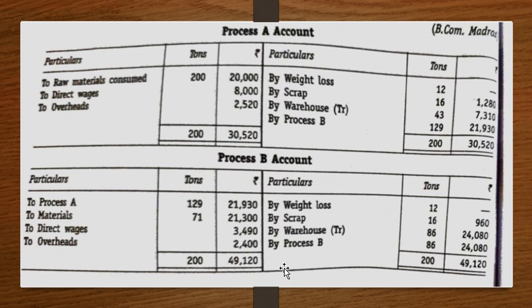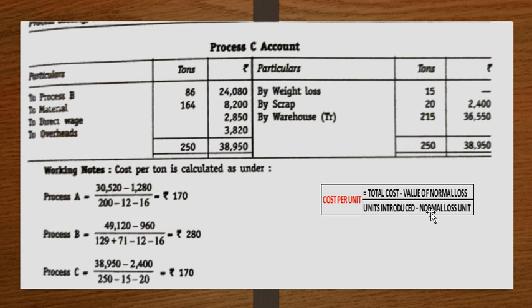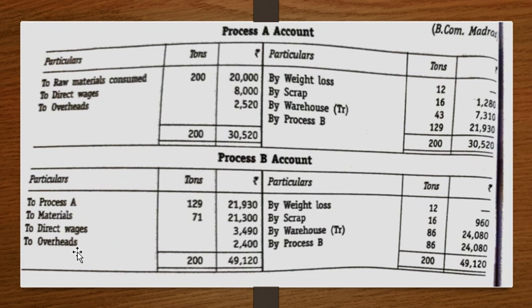So 49,120 minus 960, divided by units introduced minus normal loss units. So what is the units introduced for process B? 129 tons plus 71 tons. So this is your total units which is introduced.